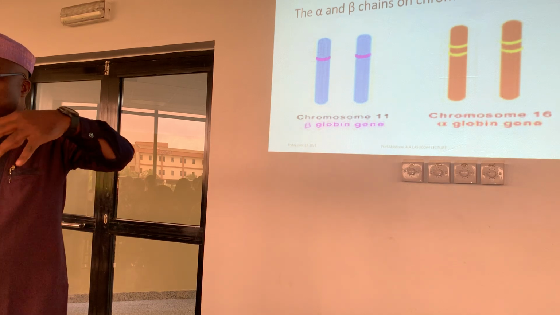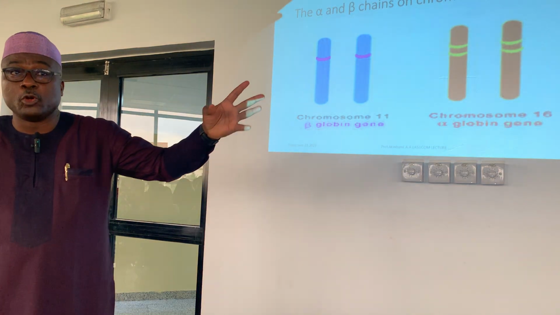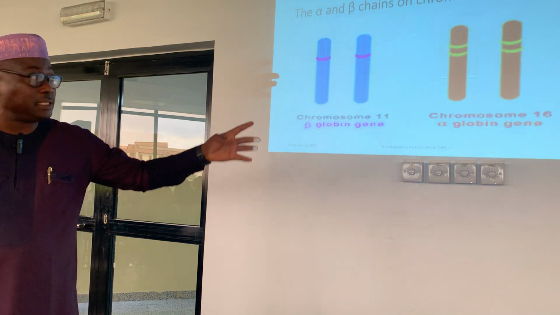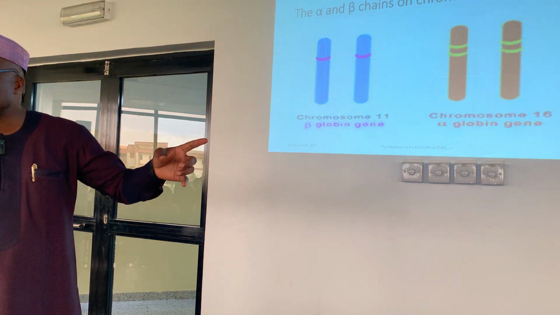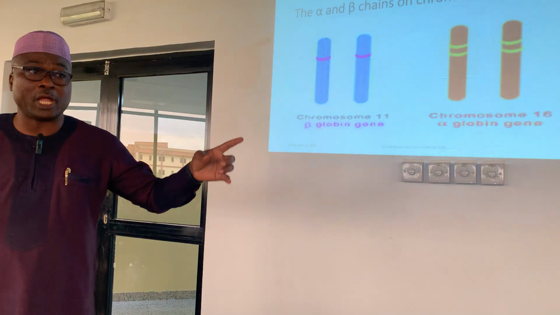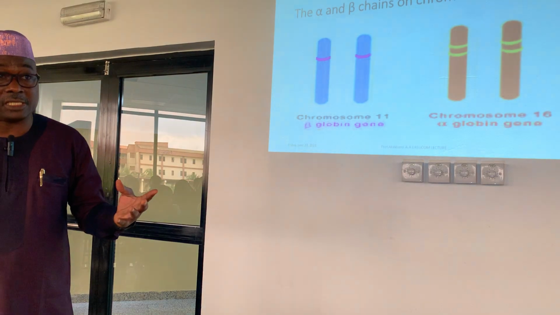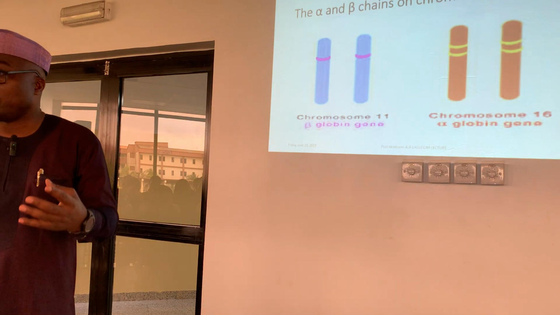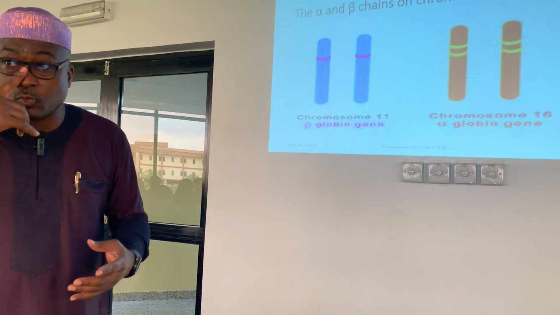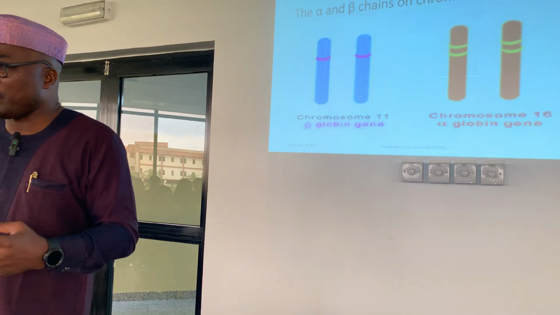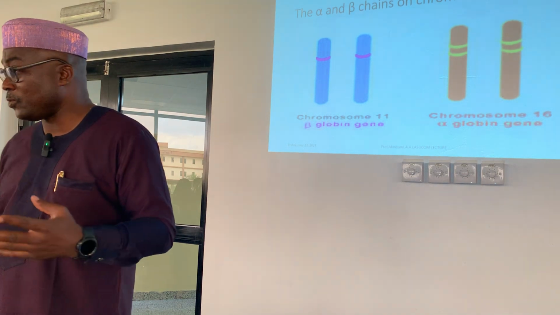Don't forget hemoglobin is inside the cell, and all the 640 million hemoglobin molecules have valine at beta chain number 6 instead of glutamic acid. So there is bound to be changes in the structure because of the difference in charges, and that is why you have sickle. I hope we are getting the rudiments of why you have sickle cell.